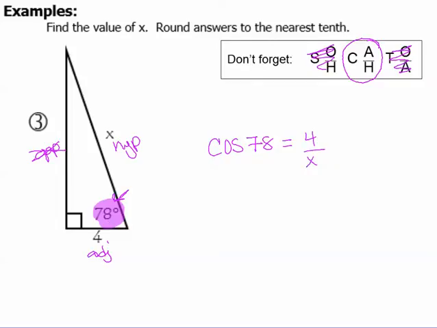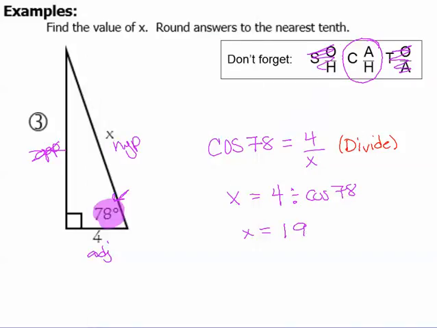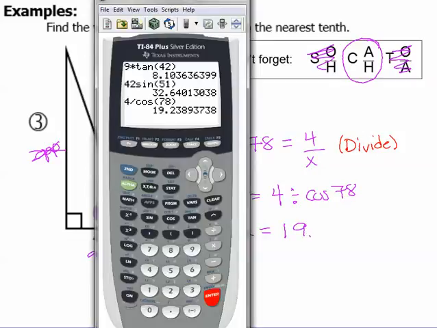Uh-oh, x is in the bottom this time. That means it's in the denominator. I have to divide. So x is equal to 4 divided by cosine of 78. And when I plug that into my calculator, 4 divided by cosine of 78, I get 19.2.